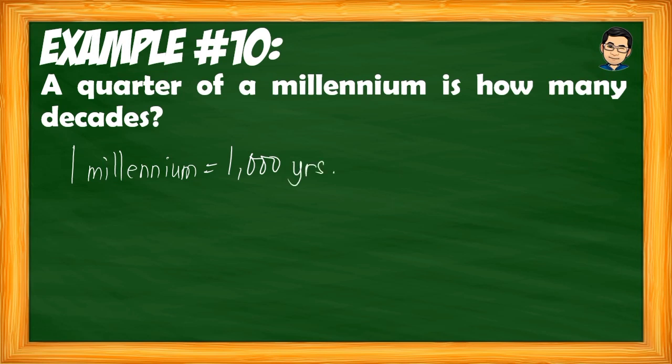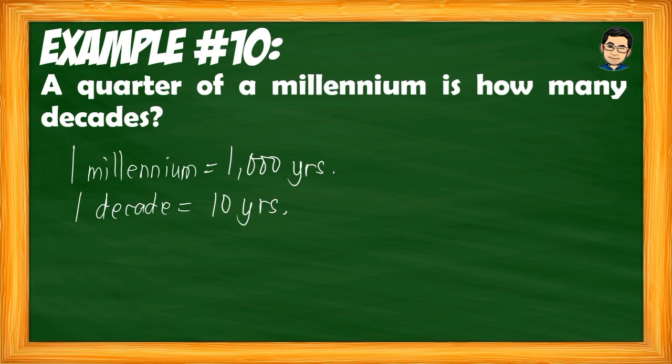And then, what else? Since kino-convert natin into decades, kailangan din po natin yung conversion factor na decade. So, 1 decade is equivalent to 10 years. Ayan. So, a quarter of millennium.